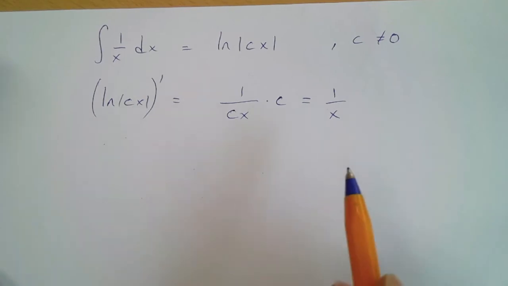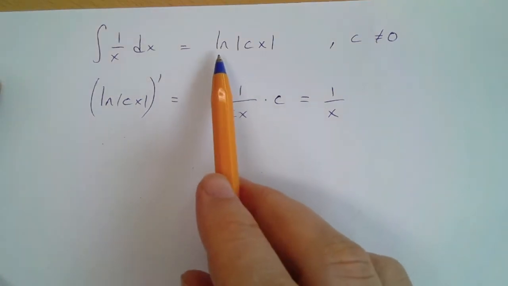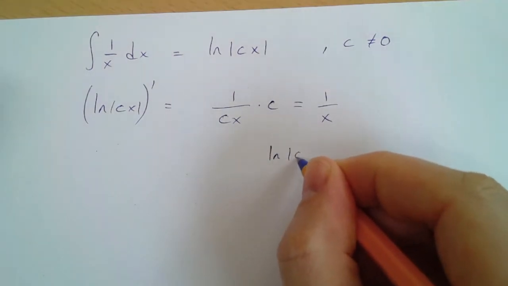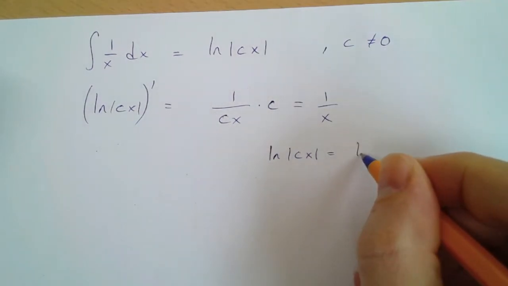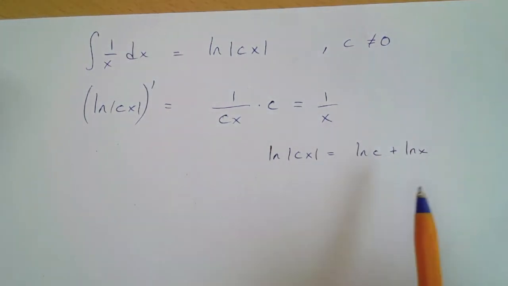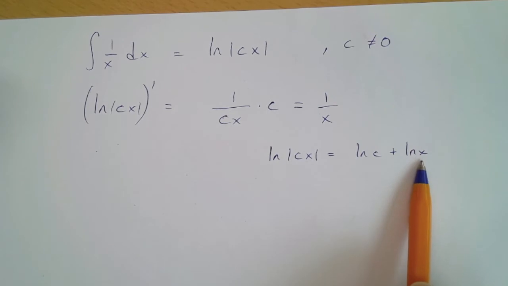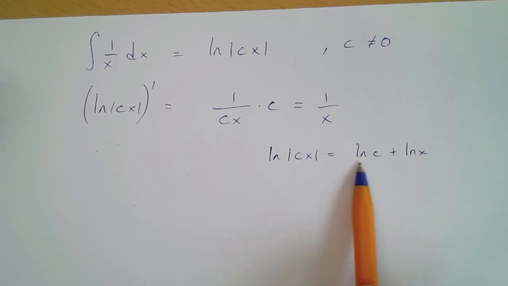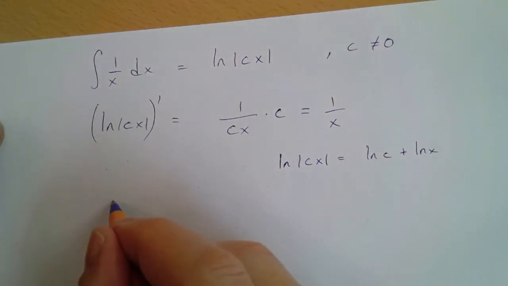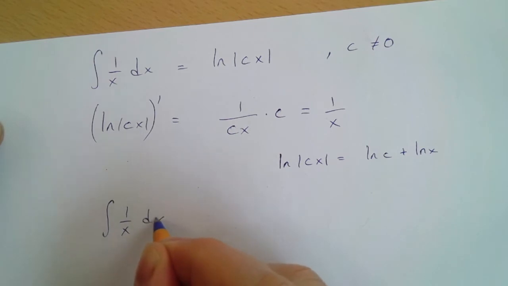Now remember that we mentioned earlier the properties of logs. Ln of cx would be ln of c plus ln of x. Now when you think about that, the derivative of this is clearly 1 over x, because the derivative of that is 0. This is just a constant, plus the derivative of ln of x. So we can actually now do it in the order it's given.